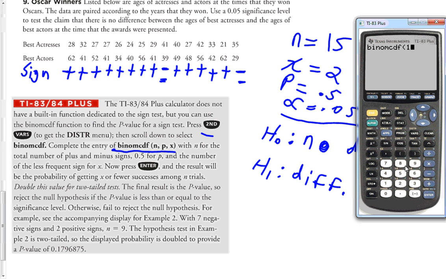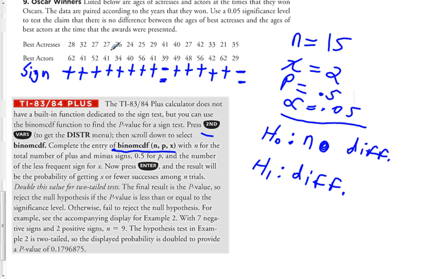Then we're going to put the comma, p, which it says to use 0.5, comma, and then x. Well, x we found to be 2, so x is 2, and then close the parenthesis, and when I press enter, it's going to give me the p-value for this hypothesis test. So the p-value is 0.004.